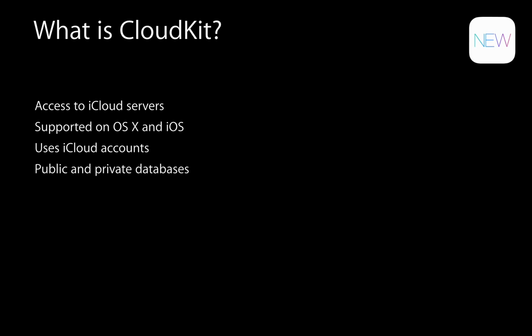Private databases are meant to store the actual data just on behalf of a specific user. CloudKit supports both structured and bulk data. You can use it to store large files on iCloud servers, and we'll take care of transmitting them efficiently up and from the iCloud servers.